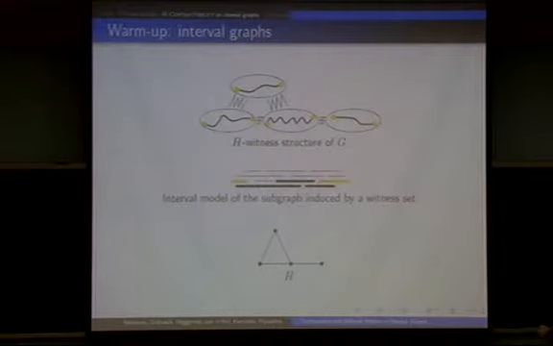Now the question is, how do you turn that into an algorithm to decide H-contractibility on interval graphs? Essentially, you guess the yellow vertices.